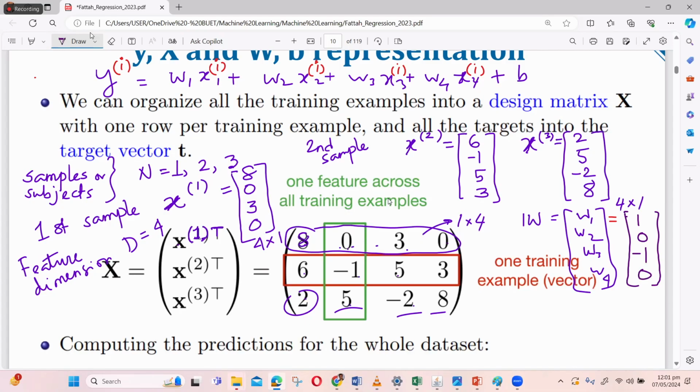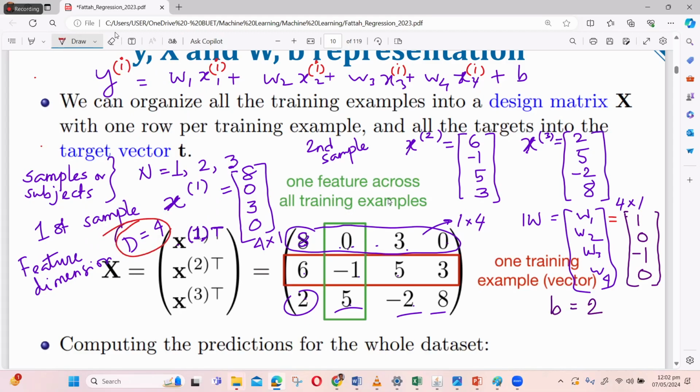And what is B? Let's see, the initial value of B is 2. So I have given an initial value, and x1, x2, x3 are given. The feature dimension for this problem is 4.